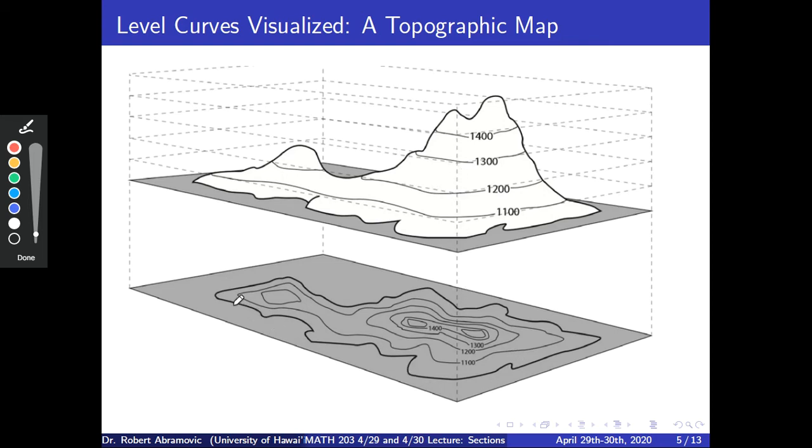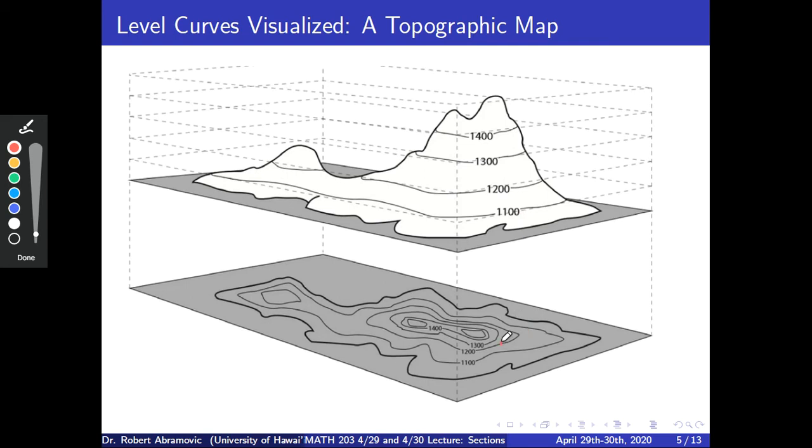So what's really going on here? Well, outside we are around sea level, so that's say 0 feet. We go in a little bit, and we get to a region, this curve around here, that's at a height of 1100 feet above sea level. So as we said before, it corresponds to the curve up here.